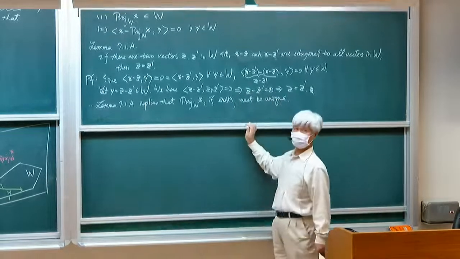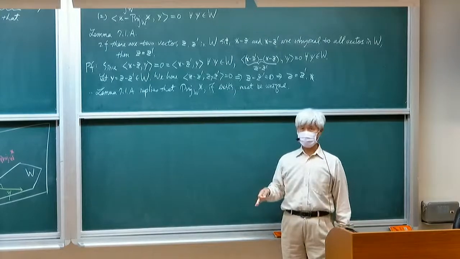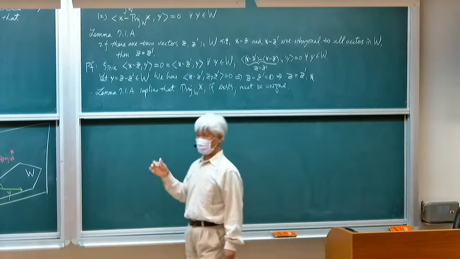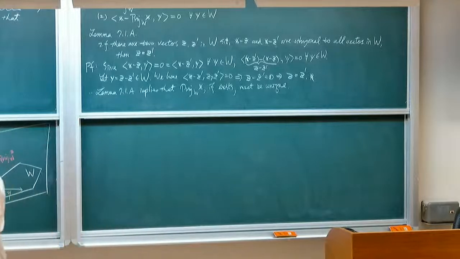We settle first that if the orthogonal projection of a vector onto a subspace exists, then it must be unique.